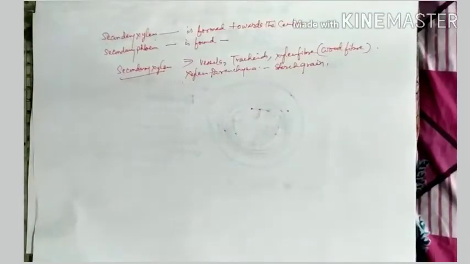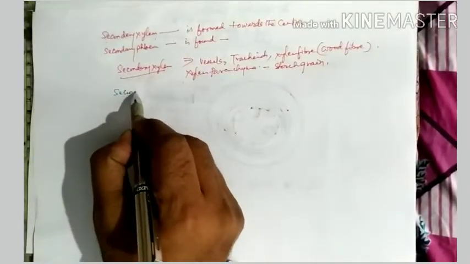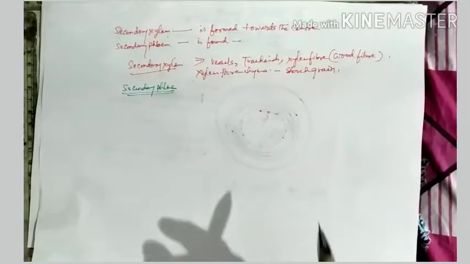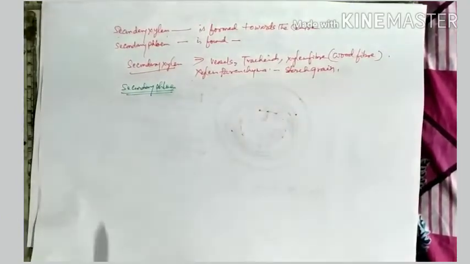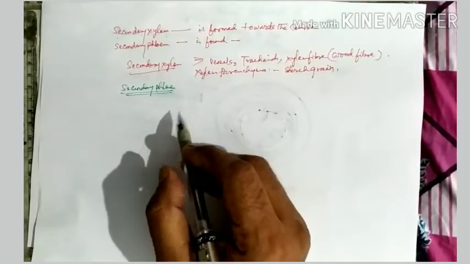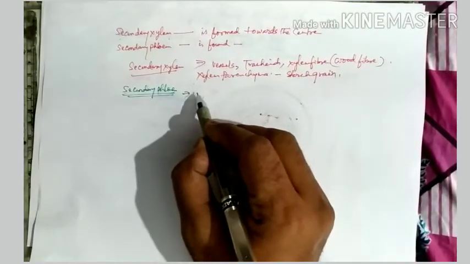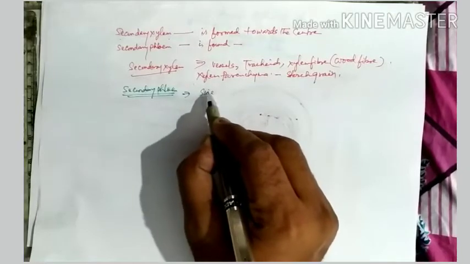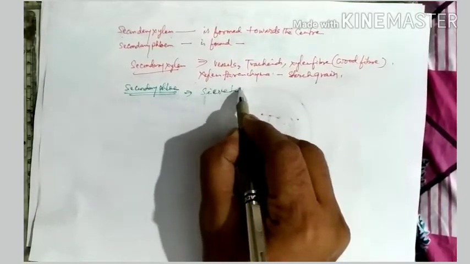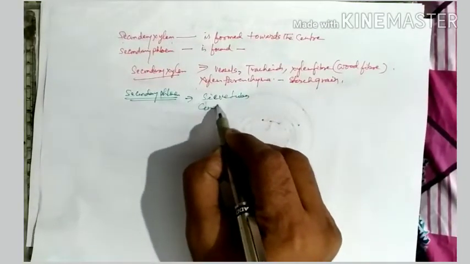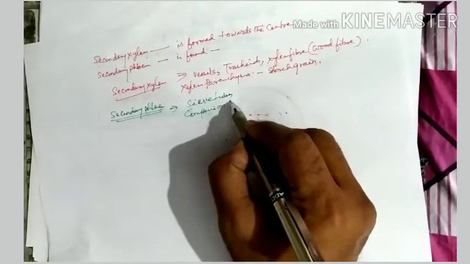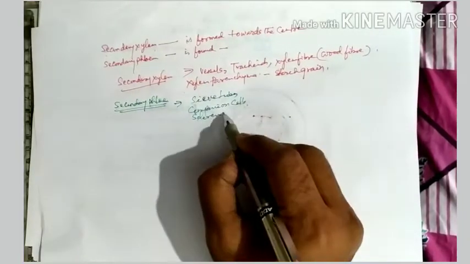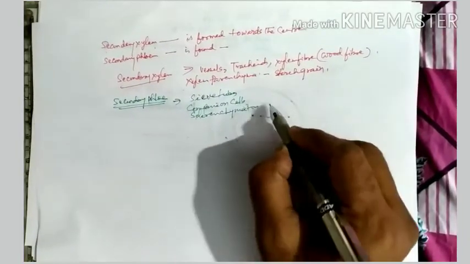In the secondary phloem, which is cut towards the periphery, there are elements of phloem known as sieve tubes, companion cells, and sclerenchymatous fibers.